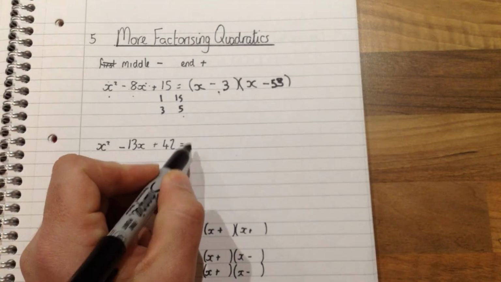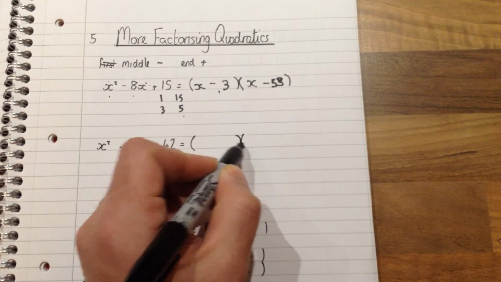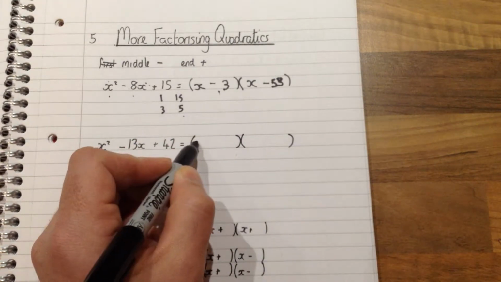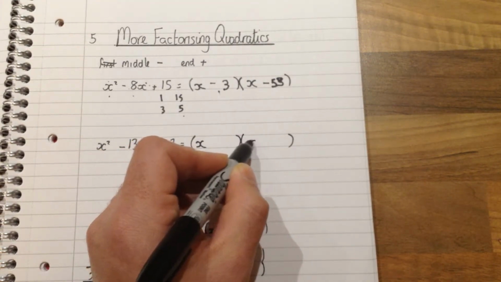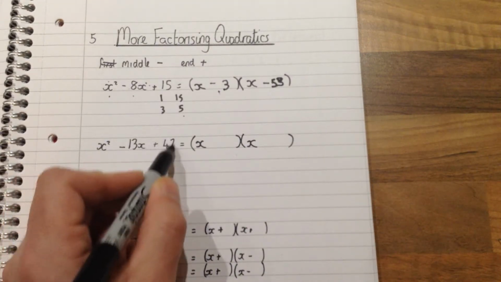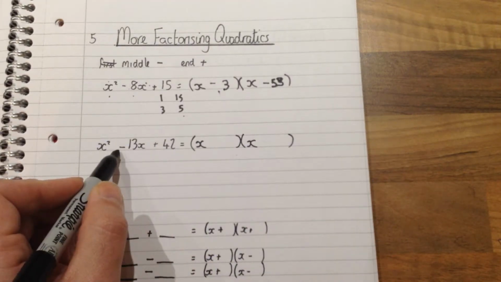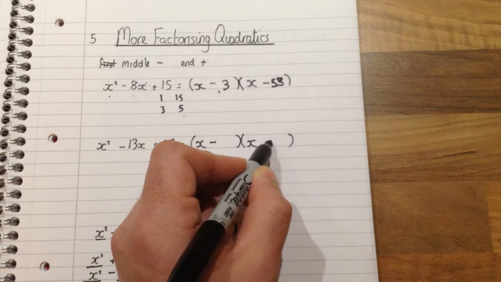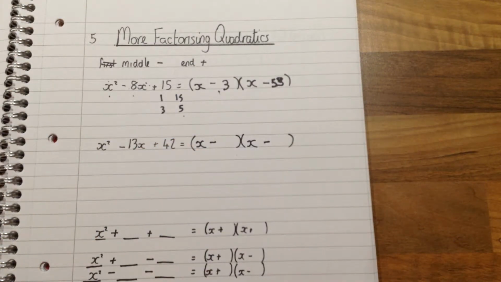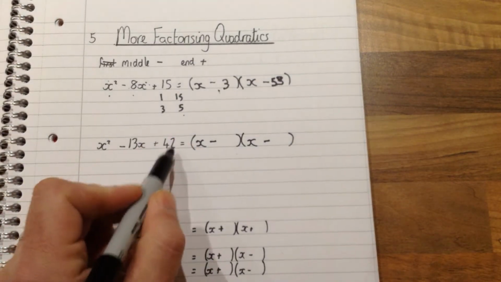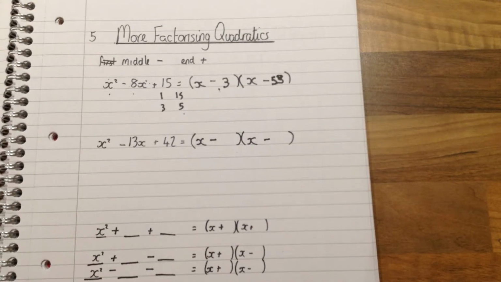For the second example, again, double brackets with an x in both. Because this at the end is positive and this is minus, I know straight away that both the brackets will have a minus. I now just need two numbers that times together to make 42.